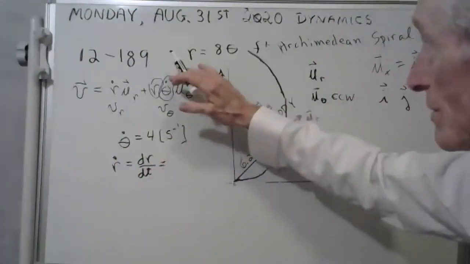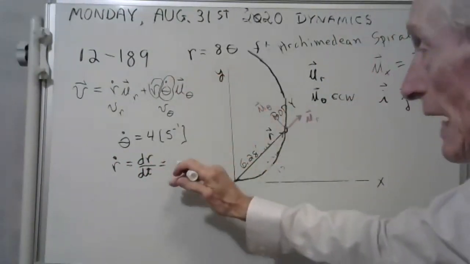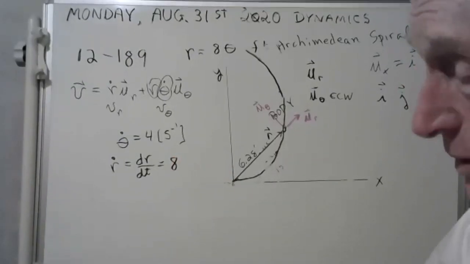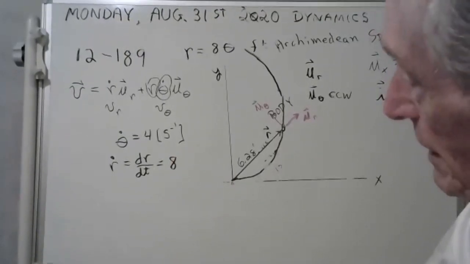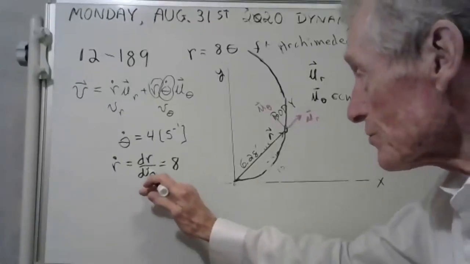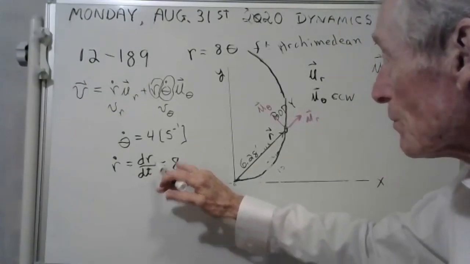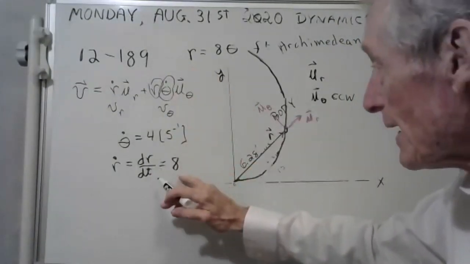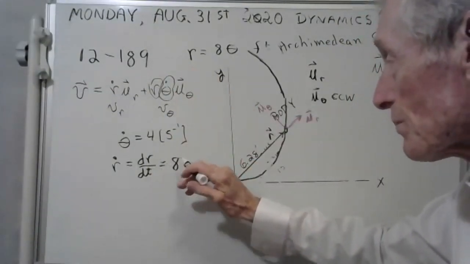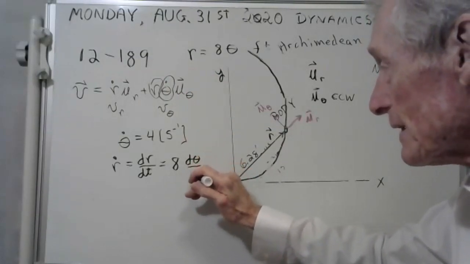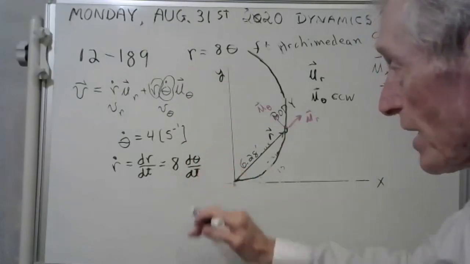And when you take the derivative of r, I get 8. How about you guys? Wait a minute. If you were taking the derivative with respect to theta, it would be 8. But we're doing it with respect to time. So you have to multiply this by d theta dt. It's called the chain rule.